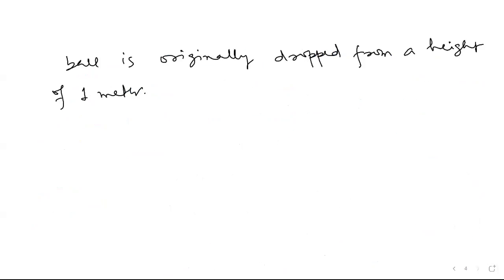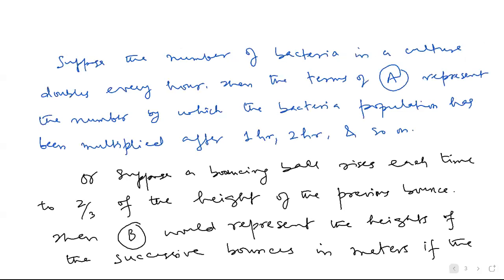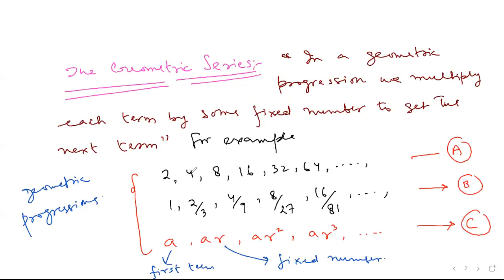Now, in our first example, it is clear that the bacteria population would increase without limit as time went on. I repeat, the first example, the population of bacteria would increase without limit as time went on.